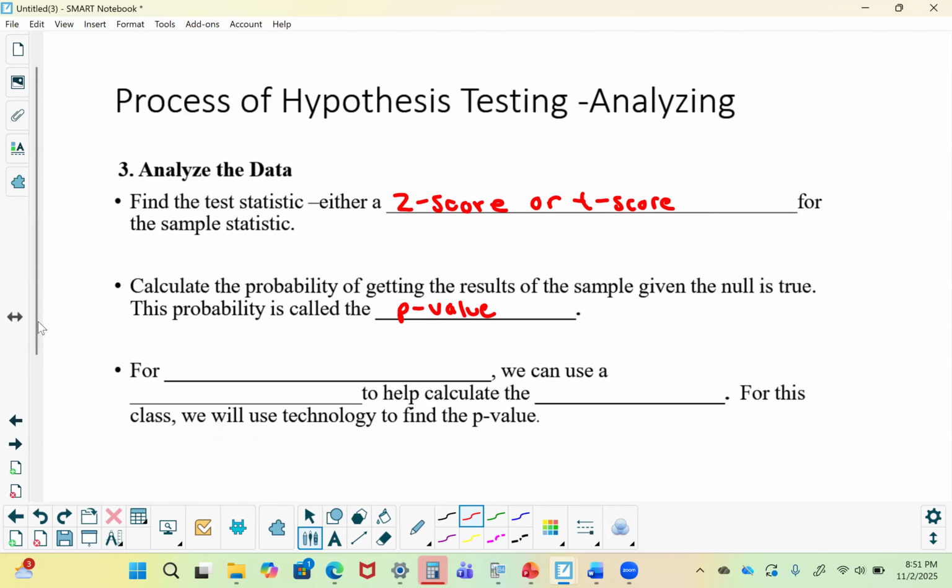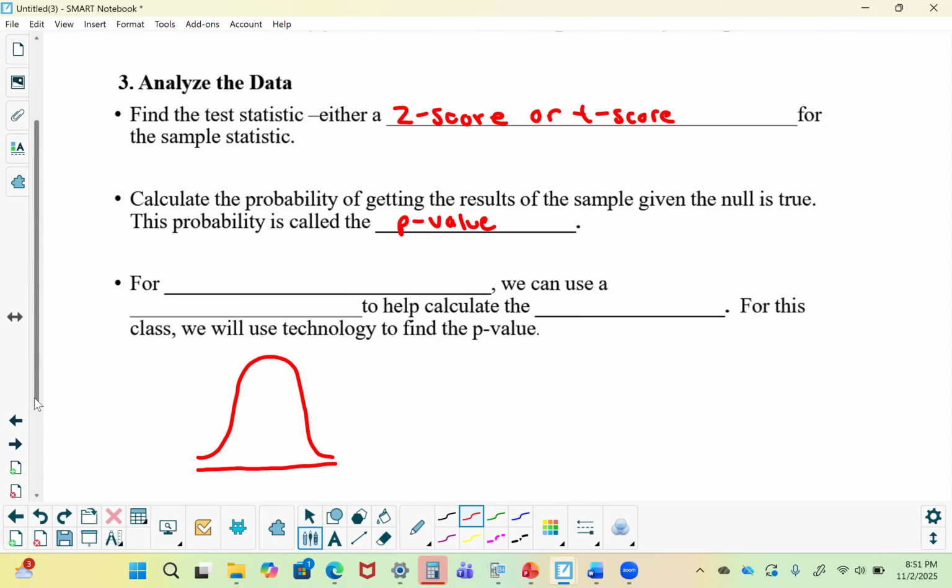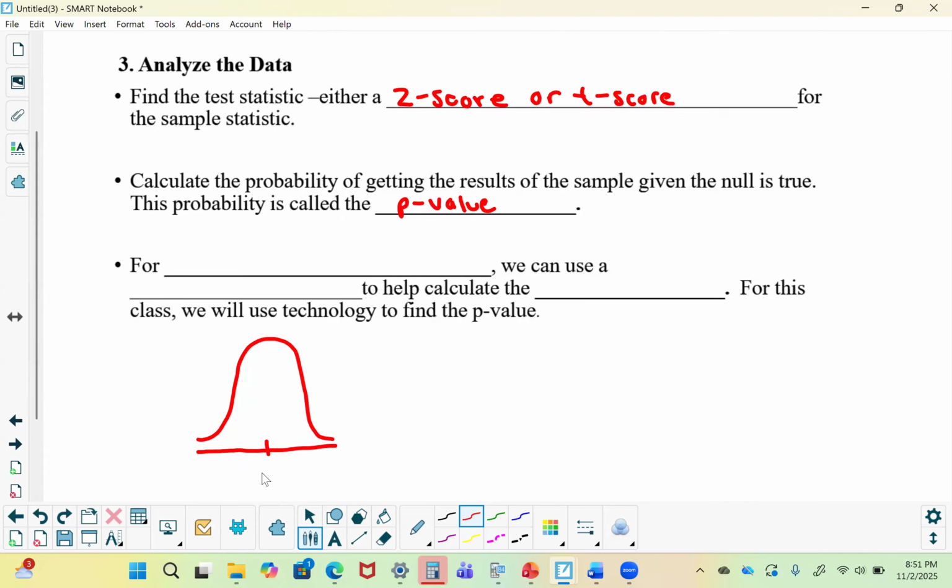So what we do again is we have our model, either the normal or the t model, and we put our null hypothesis value as the mean. So it'd be either mu naught, or if we're doing proportions, it would be p naught.